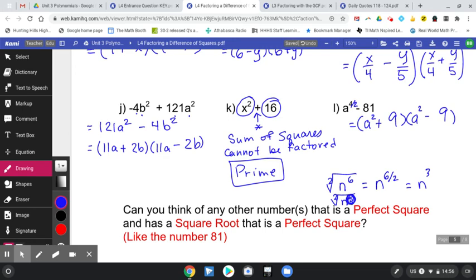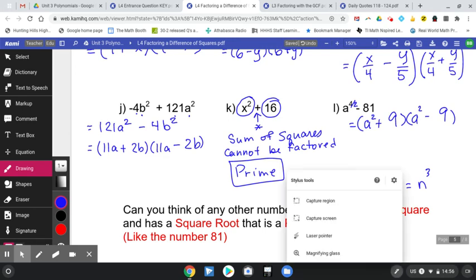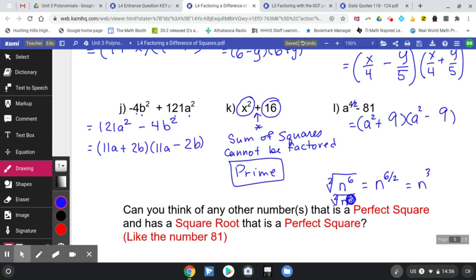And you might think to yourself, well, that's no different than all the other ones we've done. But take a look at that binomial right there, a squared minus 9, and hopefully you recognize, oh, that's a difference of squares. So you know what? This one is not completely factored because it could actually be factored further.